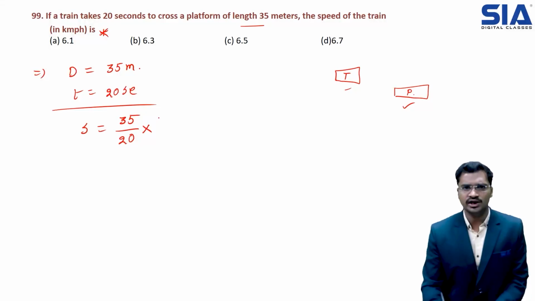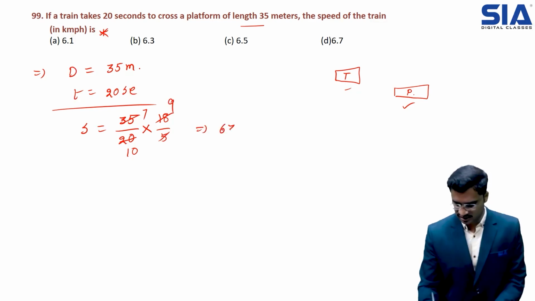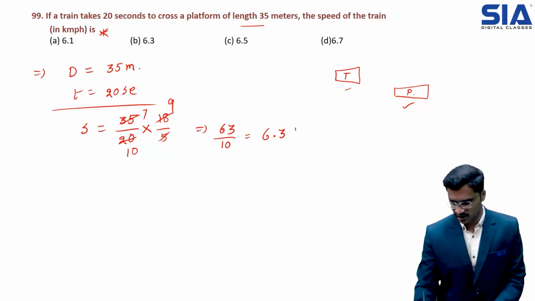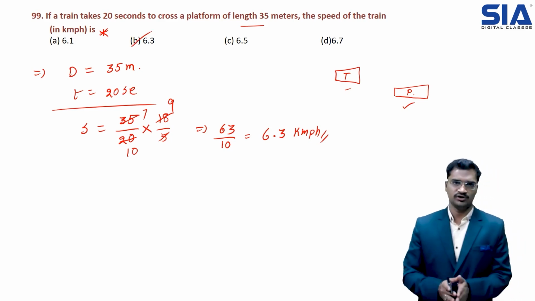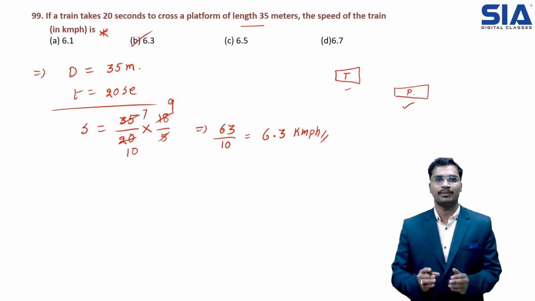This should be converted into kilometers per hour, so 18 by 5. 5 7s are 35, 2 10s are 20, 2 9s are 18, 7 9s are 63. 63 by 10. So our speed is 6.3 kilometers per hour. The answer is 6.3 for the data given here, but this question is practically wrong.